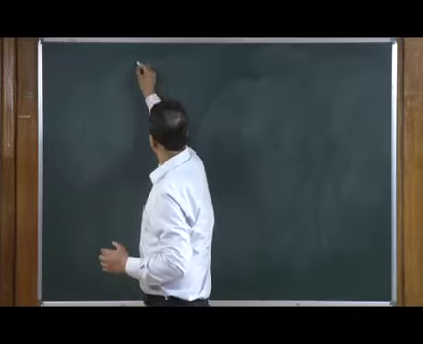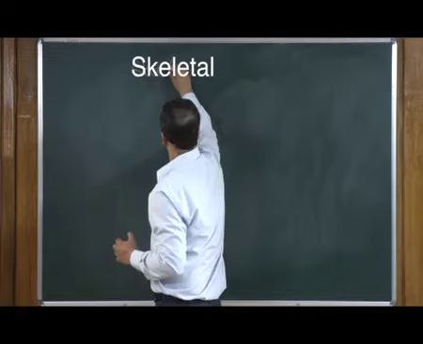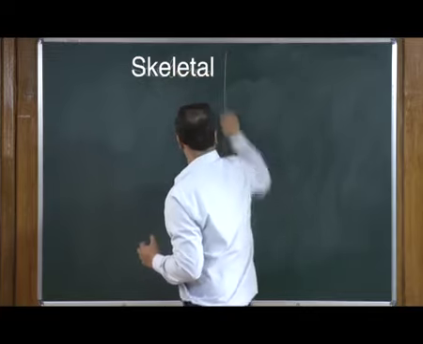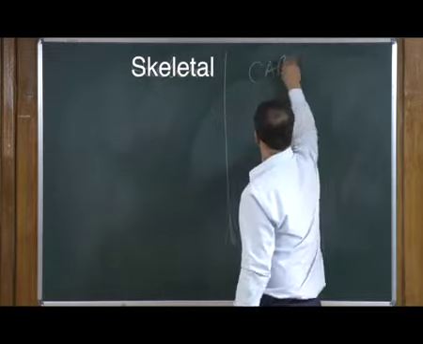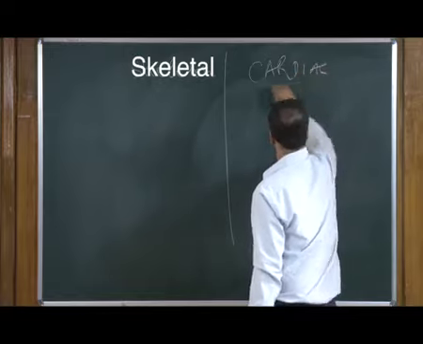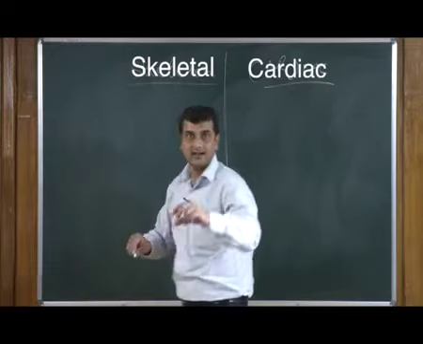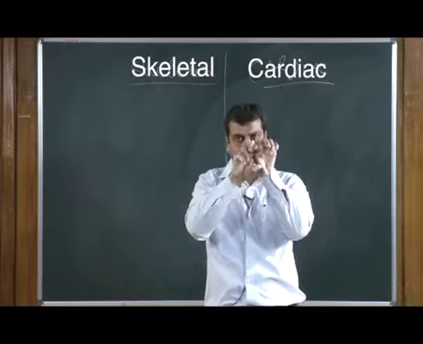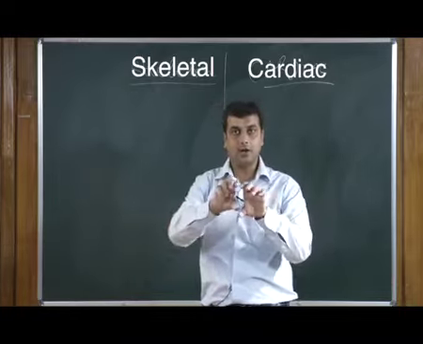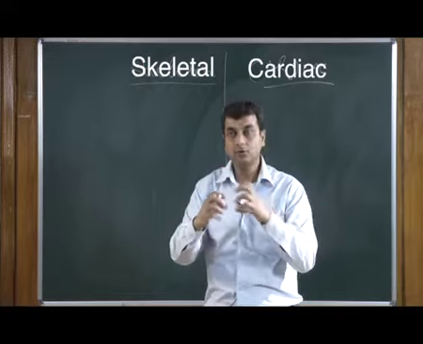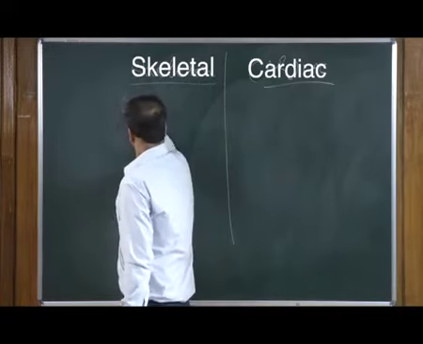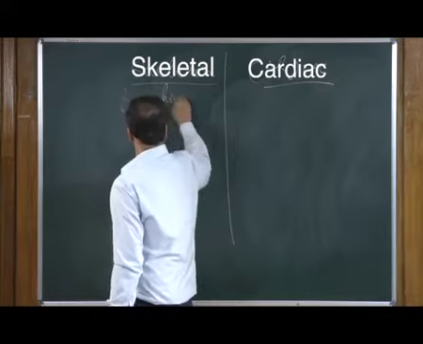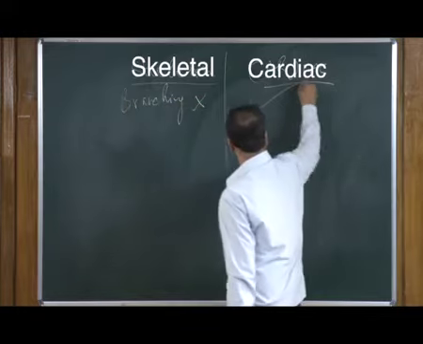So we have skeletal muscle, and then we have cardiac muscle. Now skeletal muscle, we saw, has a complete muscle fiber, myofibrils and all, but they don't have branches. So the branching is absent, but here we have branches.